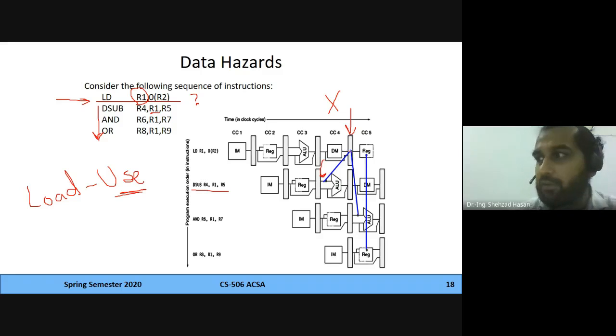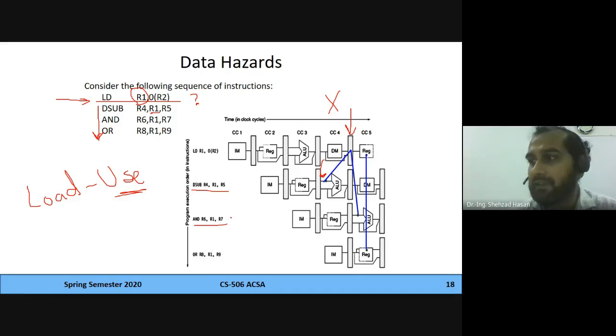because you don't have that value till the end of the 4th cycle, and you need it at the beginning of the 4th cycle. Now, for the AND instruction, that value can be provided with a MEMWB to ALU forwarding path, and we have just talked about that, so we already have that forwarding path.